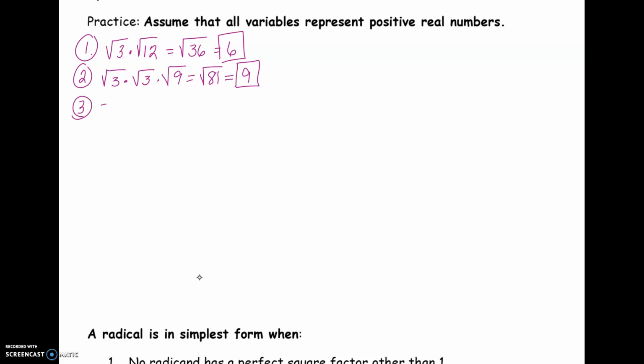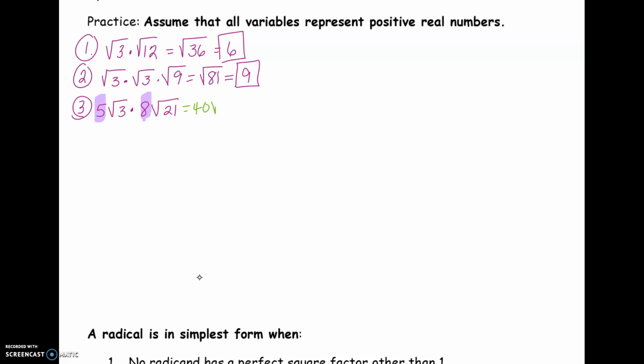The next one, 5 times the square root of 3 times 8 times the square root of 21. So this time we have numbers on the outside or in front of our radicals. We would multiply those just like we normally multiply, and we would get 8 times 5 is 40. So we have 40 on the outside.